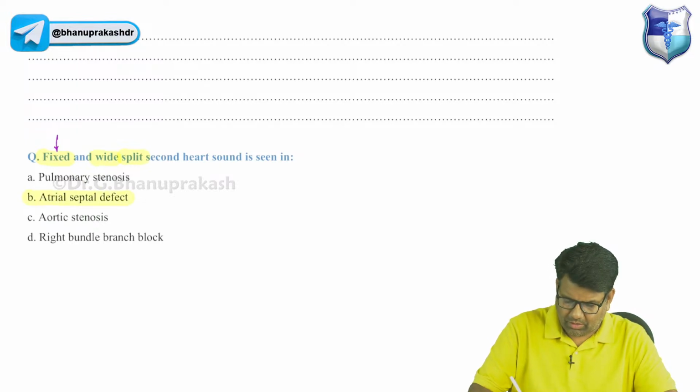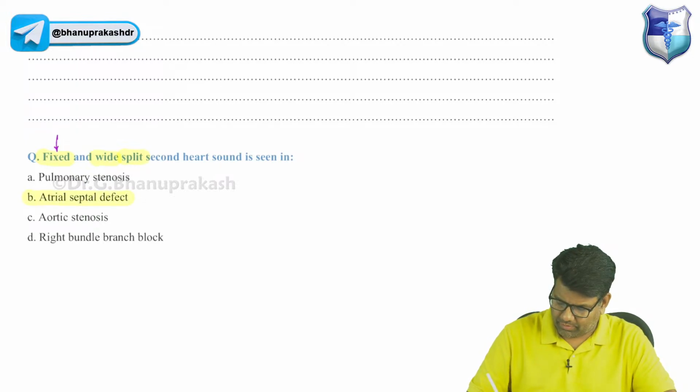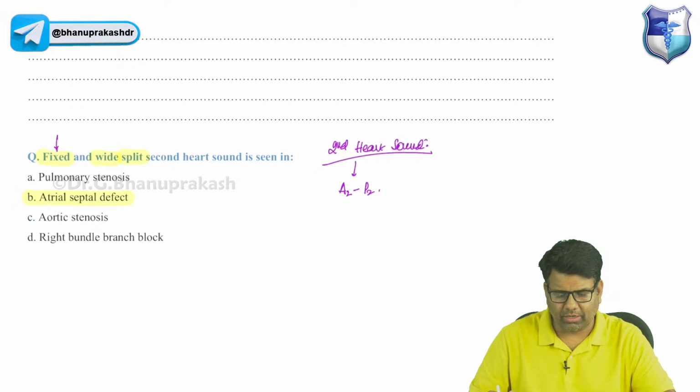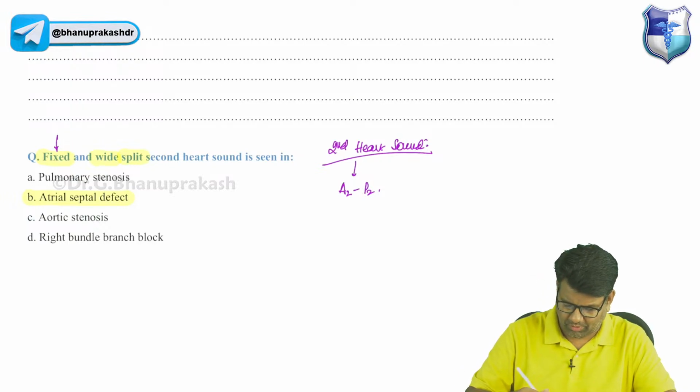Perfect. Now, just a little bit of physiology of the second heart sound. Whenever we discuss the second heart sound, we always write it like A2. So there are two components. Yes, Puneet, absolutely. There is only one condition where we find this word fixed.